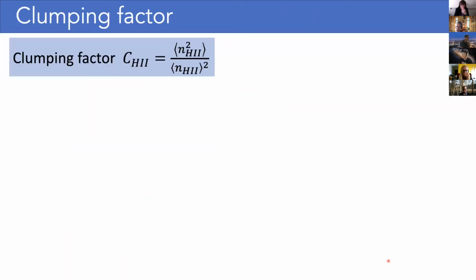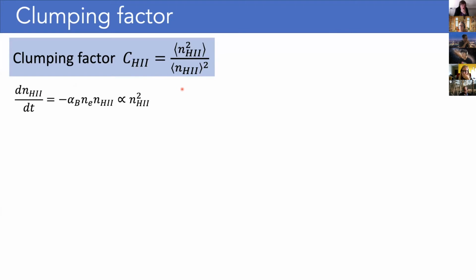The reason why the recombination timescale is a function of the clumping factor with a form of this is simply because the recombination rate is a function of the density squared. So the clumping factor has a density squared term in the numerator.